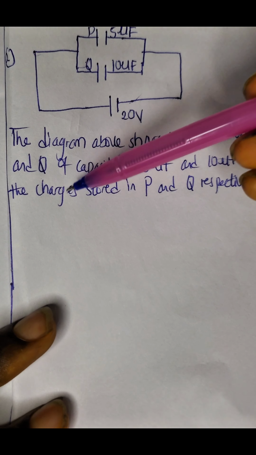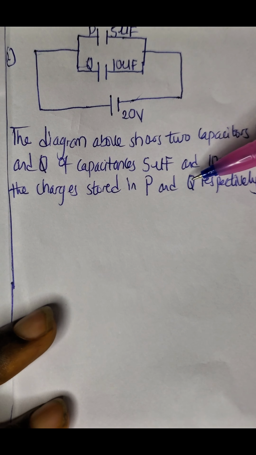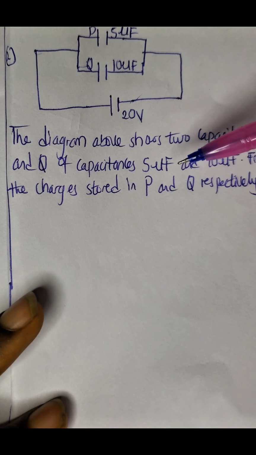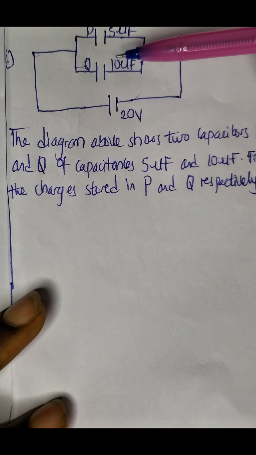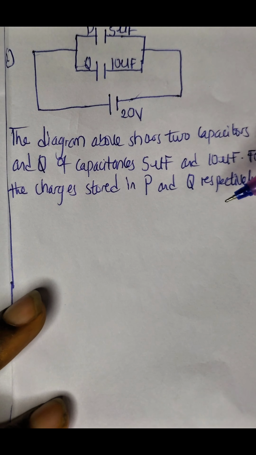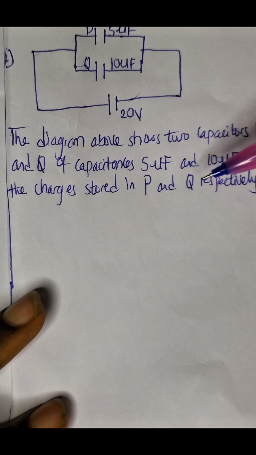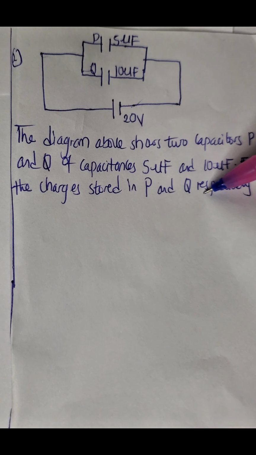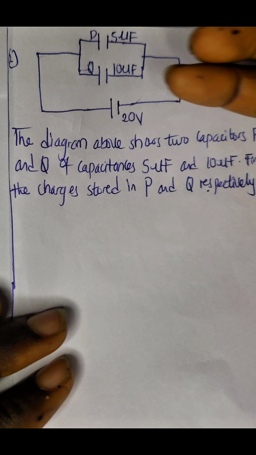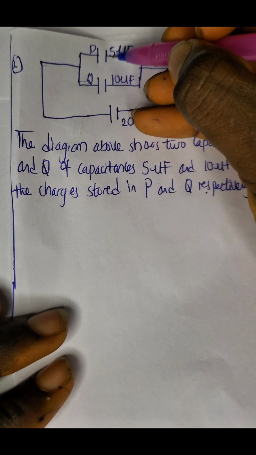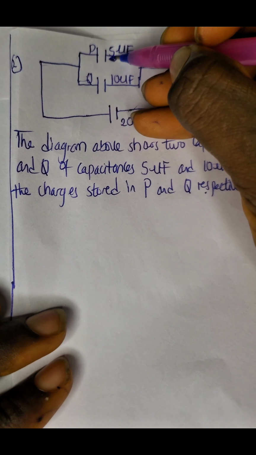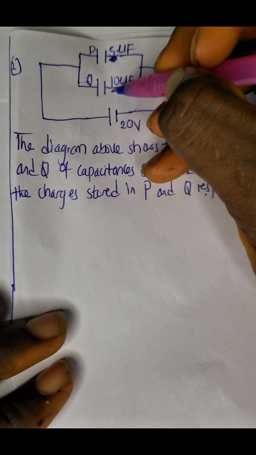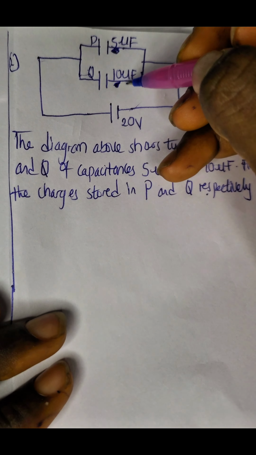Find the charges stored in P and Q respectively. Now they're not asking us to get the equivalent capacitance, they're asking us to get the charges stored in P and Q respectively. What we are being asked is, what is the charge flowing through this 5 microfarad capacitor and the charge flowing through this 10 microfarad capacitor?